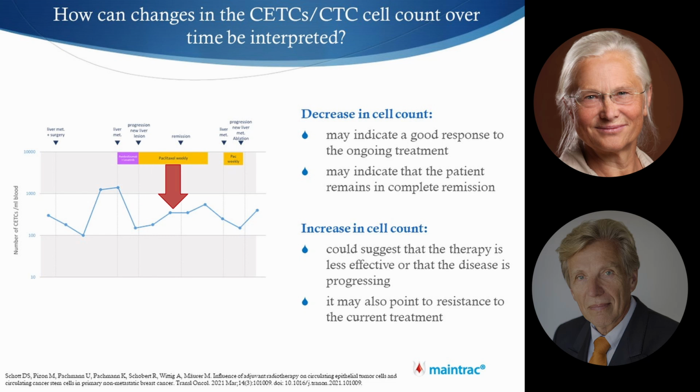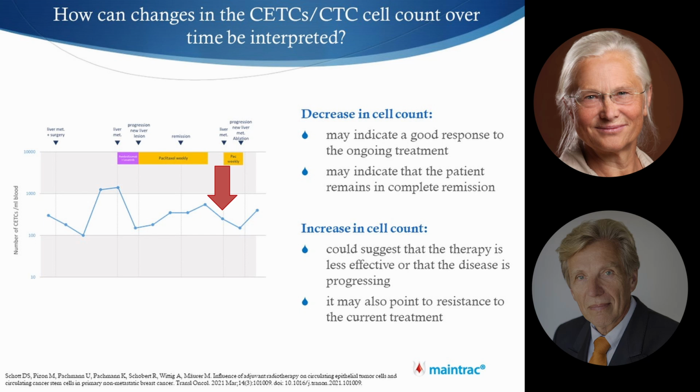Then under paclitaxel, there was a slight increase, but repeatedly. The metastasis was still in remission, but then a new liver metastasis was detected, and upon paclitaxel weekly again, cell numbers decreased, but this obviously did not reach the metastasis.